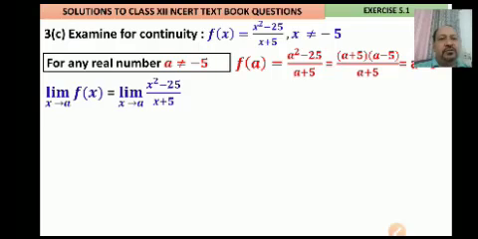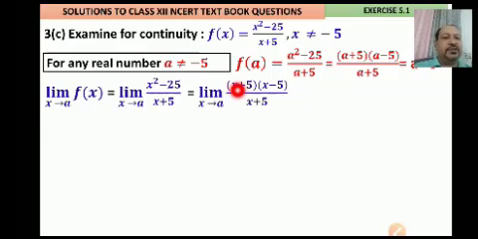Now the limit x goes to a of f of x equal to limit x goes to a of x square minus 25 upon x plus 5.